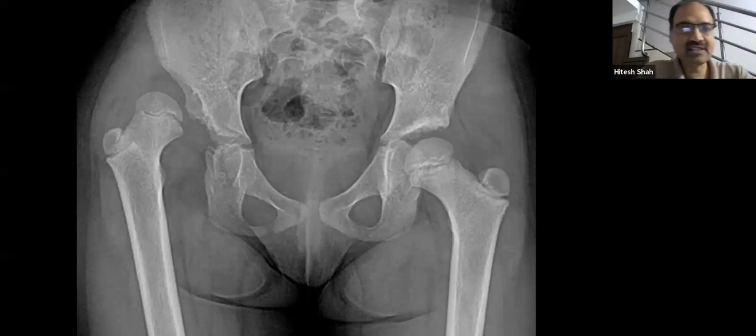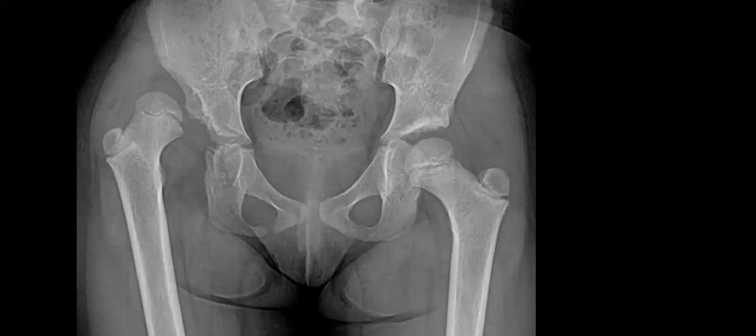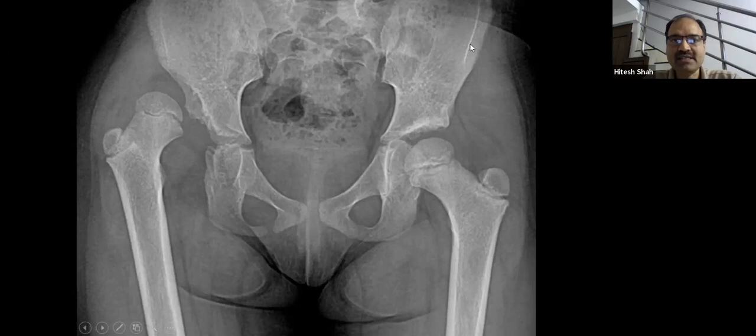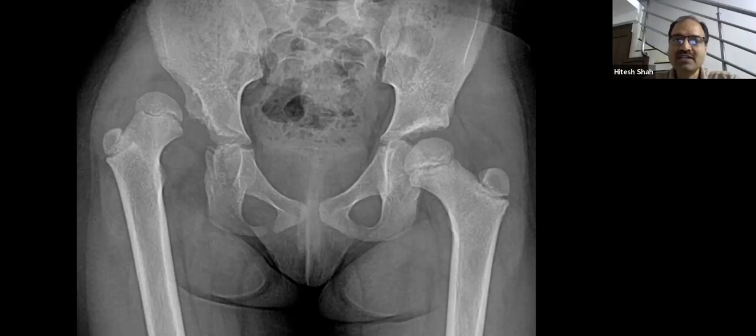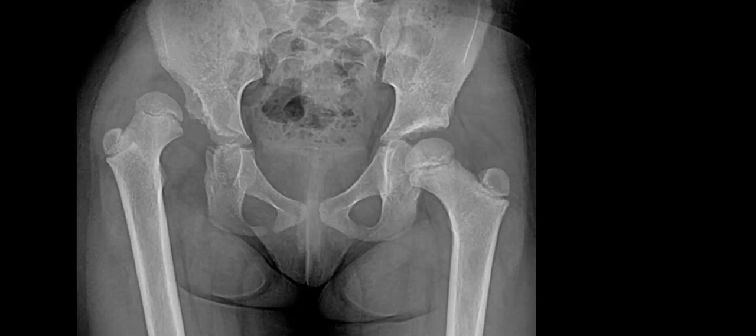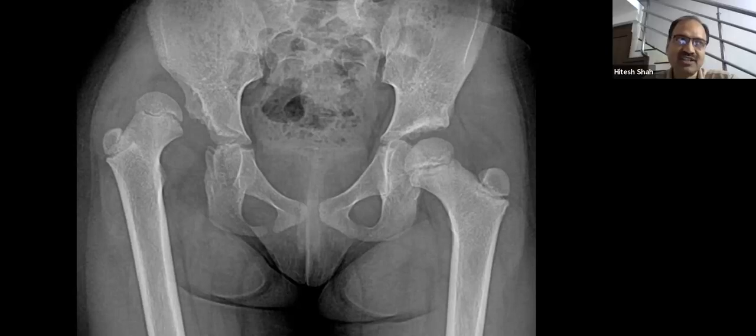Why would there be untreated posterior dislocation? What do you think? So it is traumatic? No, sir. Then why need to have posterior dislocation? Don't lead the examiner to anterior dislocation and posterior dislocation. Never keep in mind anterior or posterior. It's DDH. What is DDH? It's a group of disorders where the hip is unstable.